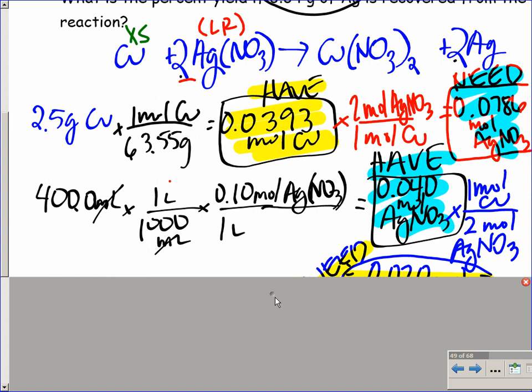And then for the moles for silver nitrate. Yeah. 3. 3, sorry. Oh, yeah, moles.